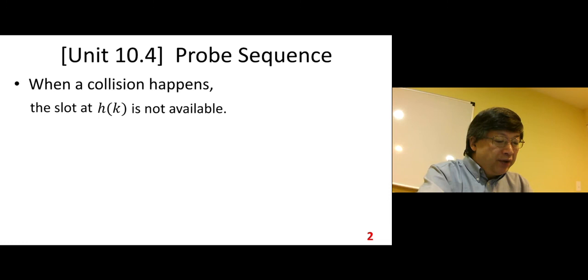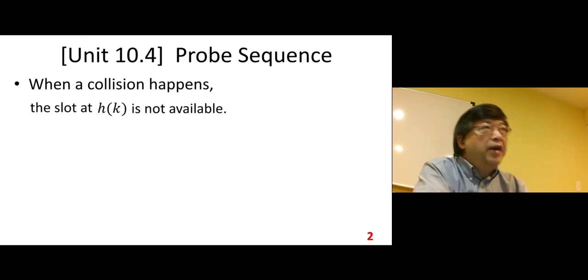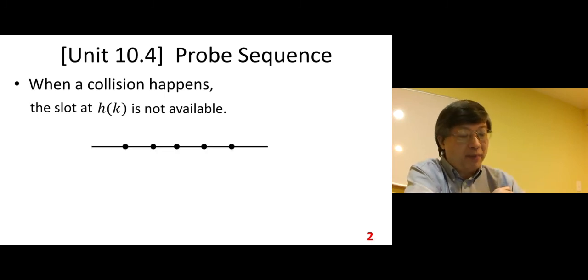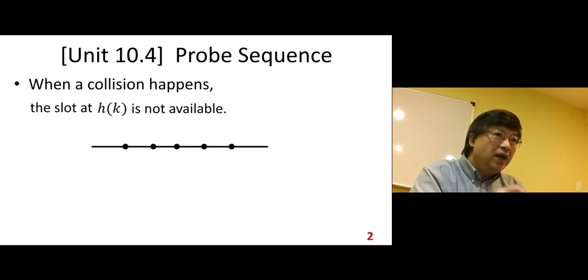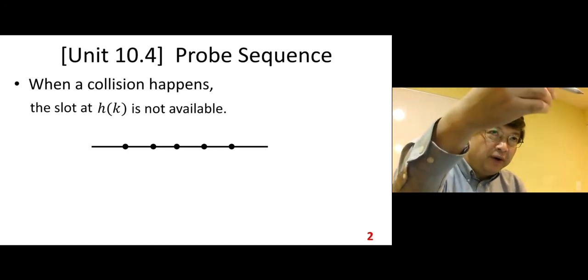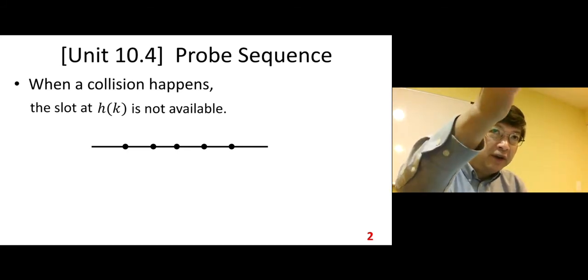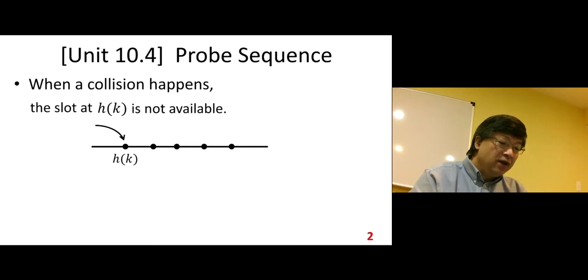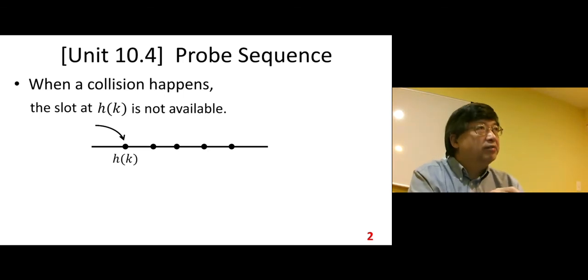The slot at h of k is not available. So the first time, here, let me draw a diagram. The first time you evaluate your hash function at the given key, h of k, you find that the slot is occupied by another item.